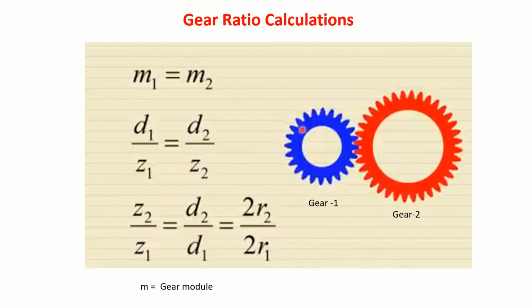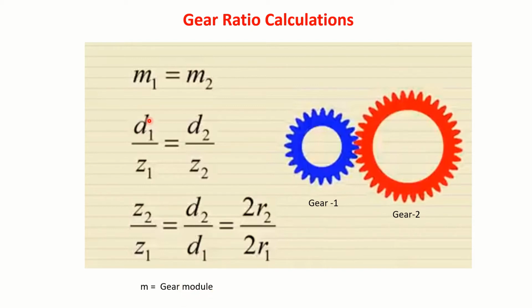Now let us calculate how exactly we have to set the gear ratios. In a gear system, you know very well, two gears have to mesh together and run. Then the module of one gear must be equal to the module of the other gear.